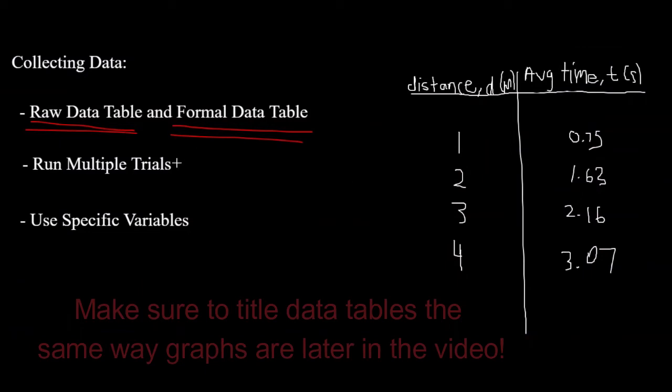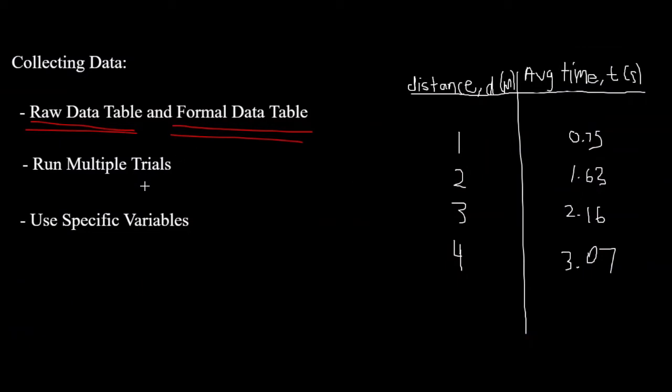So with a raw data table, you want to always run multiple trials. And the reason why is because let's say I'm testing a certain distance, for example 1 meter, and I want to find the time it takes for the ball to roll that much. So when I'm doing that, let's say there's some sort of inaccuracy with how I'm timing.